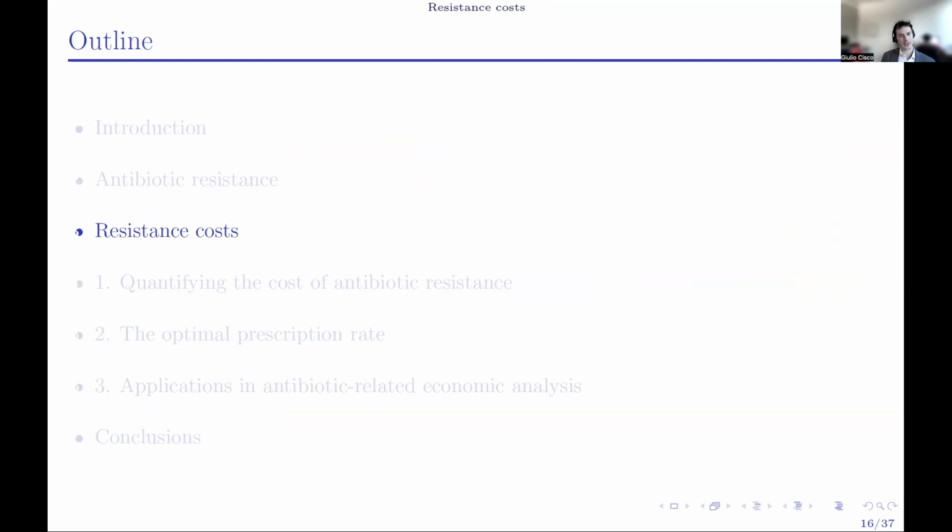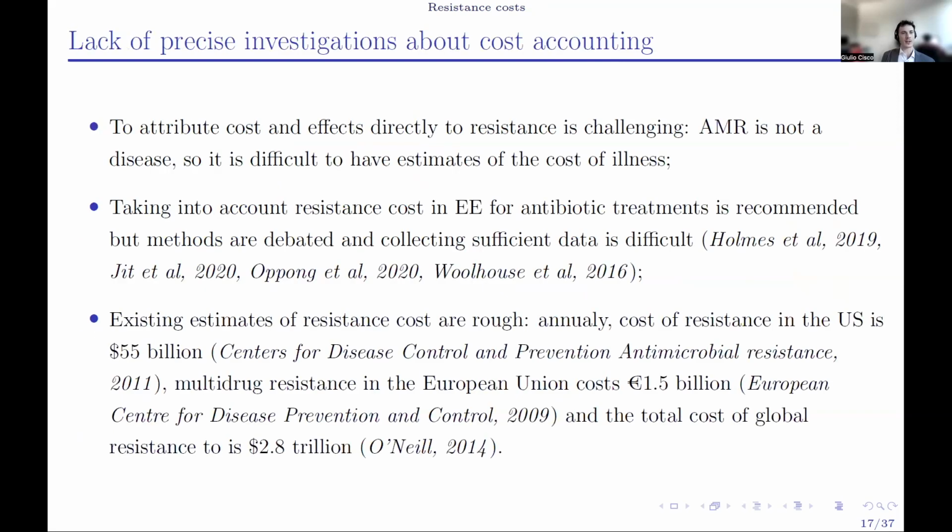So now that we introduced the resistance in general, we can deal with the resistance costs. As I said, we have this lack of information, not because researchers are lazy, but because it's quite difficult to take them into account. For example, antimicrobial and antibiotics resistance is not considered a disease.